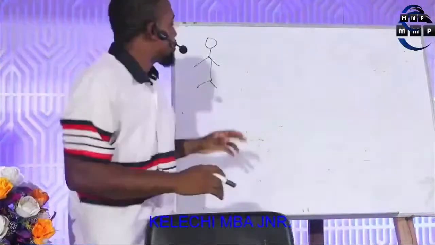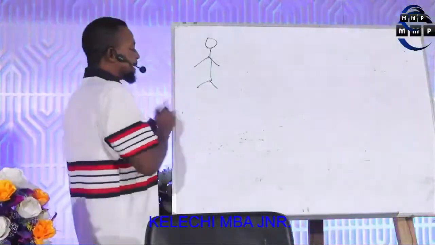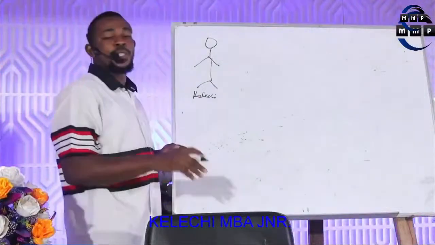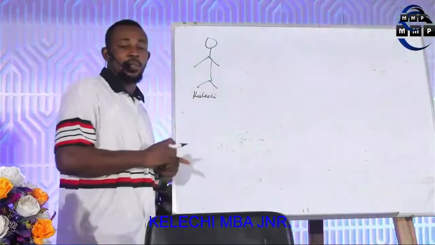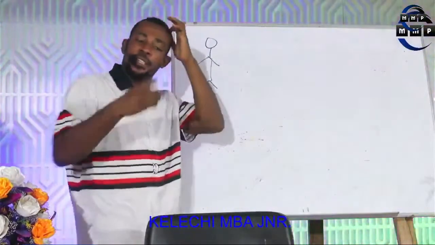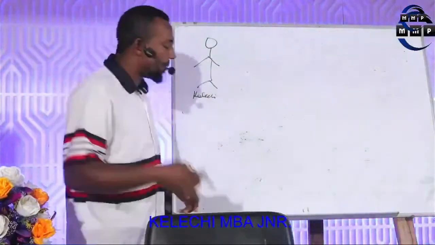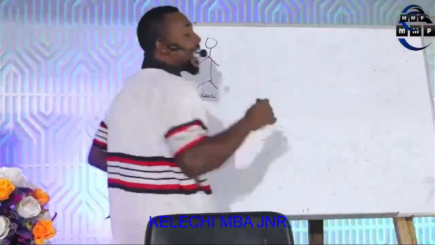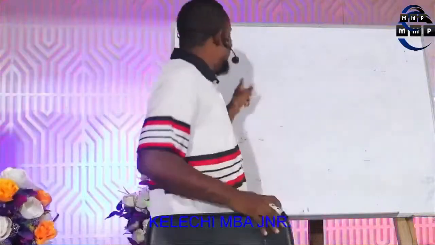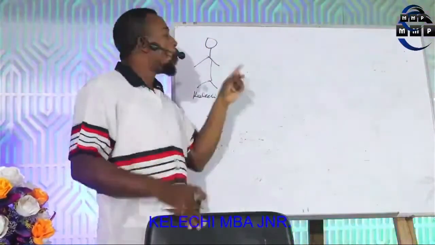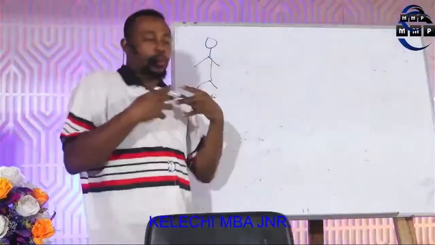So this is me. I'm going to write my name as Kelechi Mba Jnr. This is probably your potential client or your prospect, someone you need to bring into your system to buy your product or pay for your skill or service. Let me talk about me as the person that has the business. I have a product.